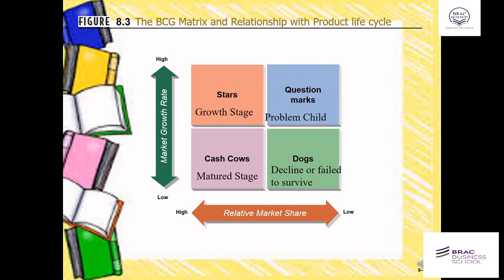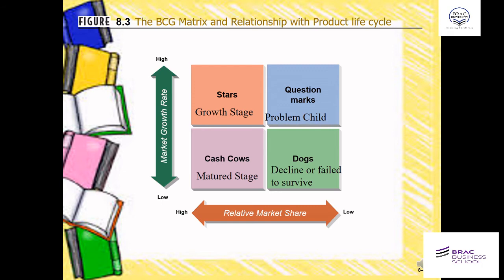So we consider it as the mature stage, in comparison with the product life cycle. When a business is in the mature stage, there is low scope for growth, but it is already in peak position based on acceptance and market share. That one is known as cash cow.